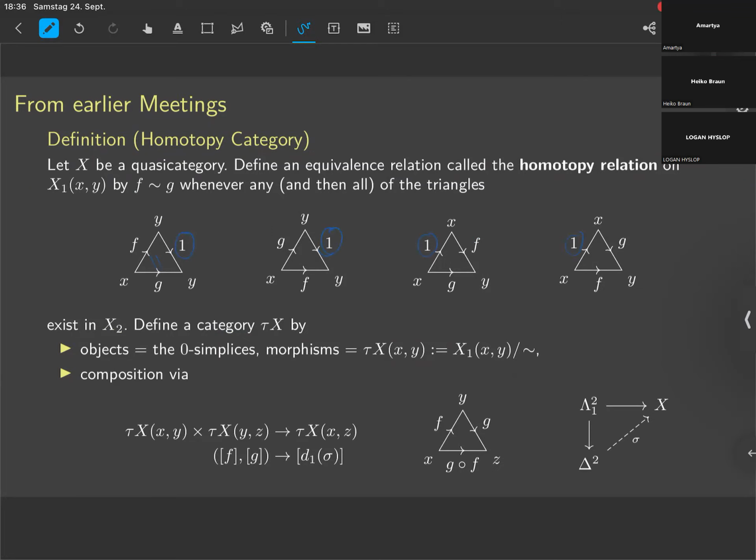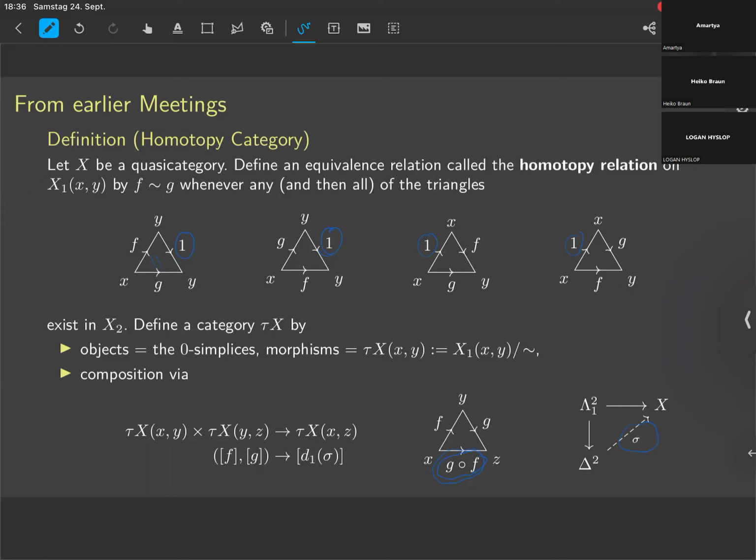We make it into a category by the composition rule that says that we take any lift that exists in such a horn. This is an inner horn, the 2-1 horn to be explicit, so it can be lifted by some sigma, and then this edge will be the composition.